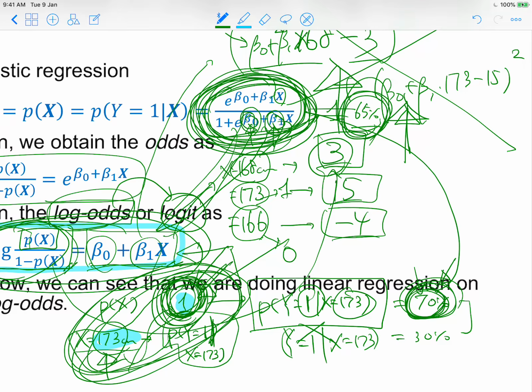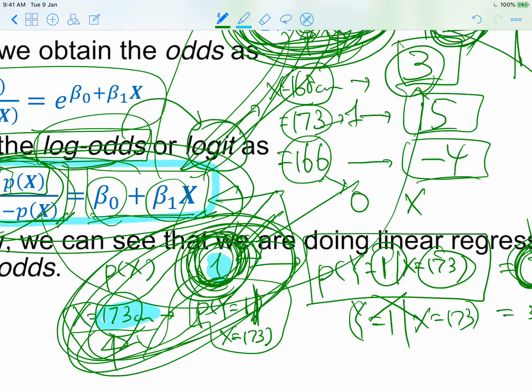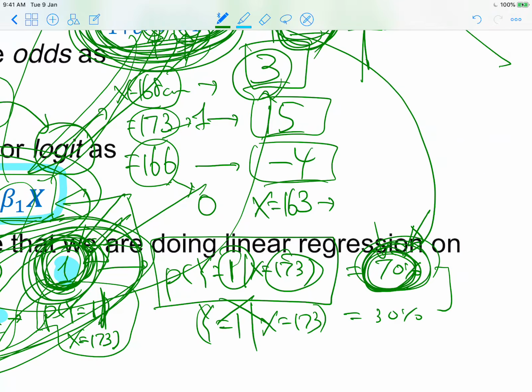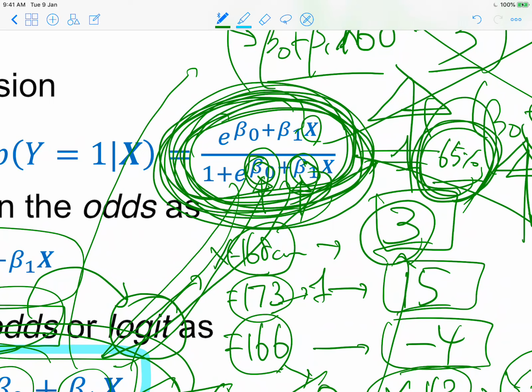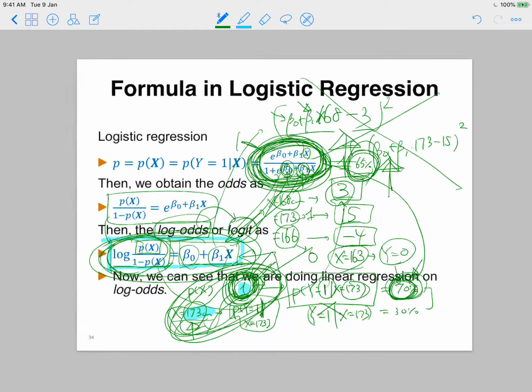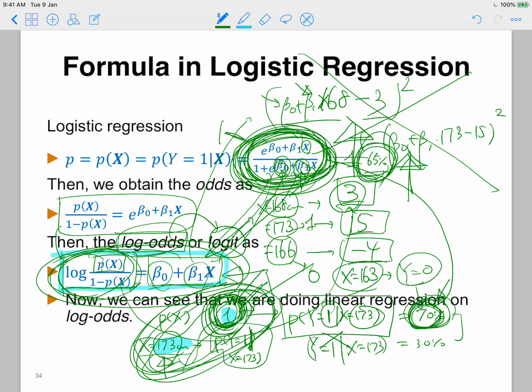Now suppose another case of 163, labeled as 0. In this case, what is the probability of observing the female? This expression corresponds to the probability of the male class, and 1 minus it corresponds to the probability of observing the negative class.